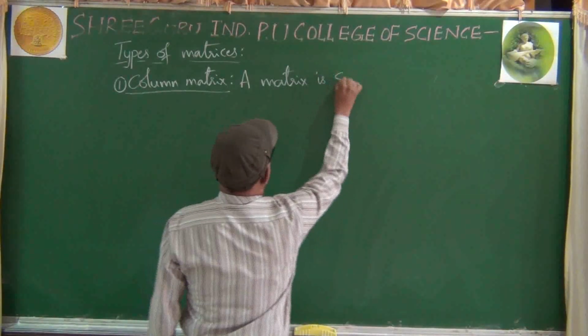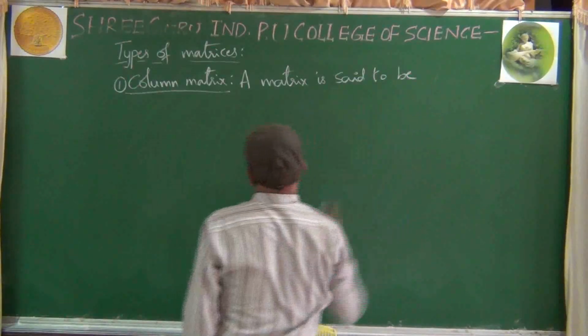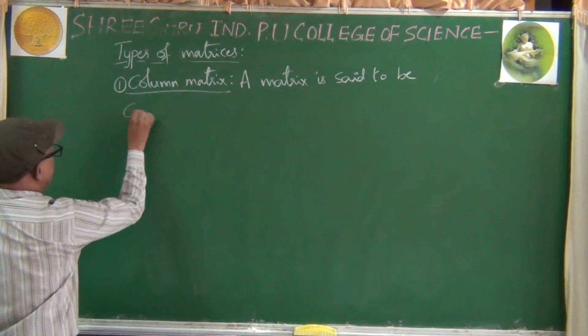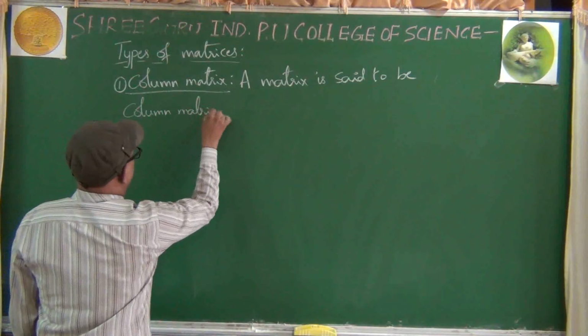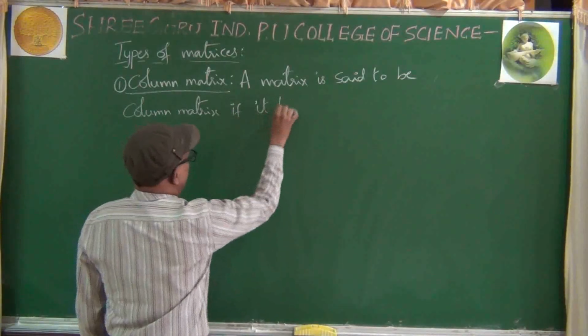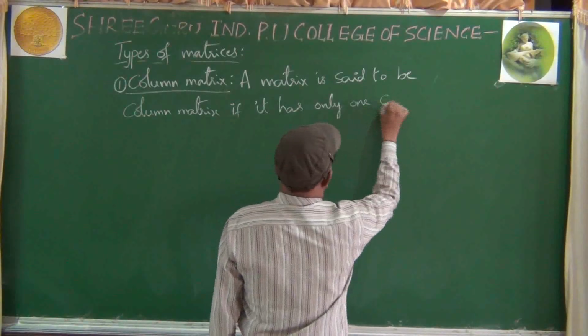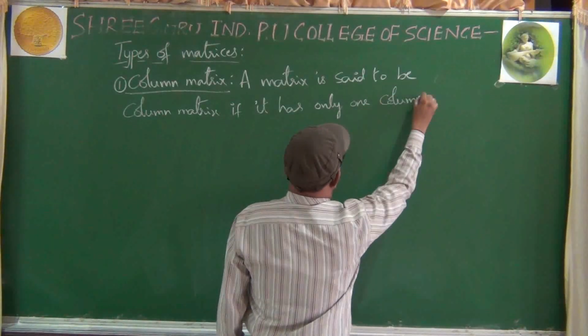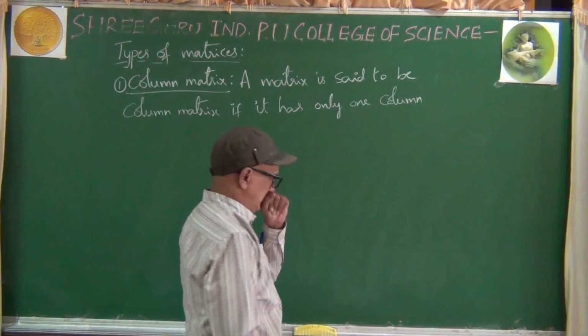A matrix is said to be column matrix if it has only one column.